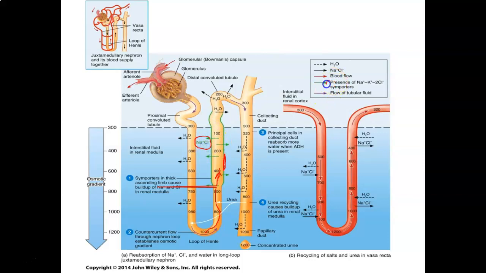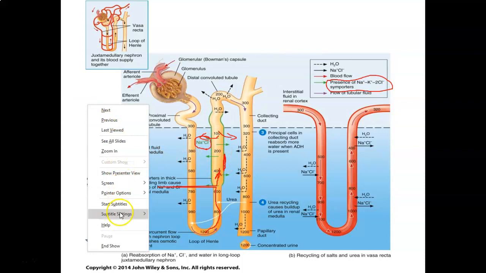But right here, presence of these symporters. Remember, symporters are active transport, meaning we're actually pumping molecules using ATP. So excess ions of sodium and chloride are being pumped out into the fluid here. Now, that in and of itself isn't that important.